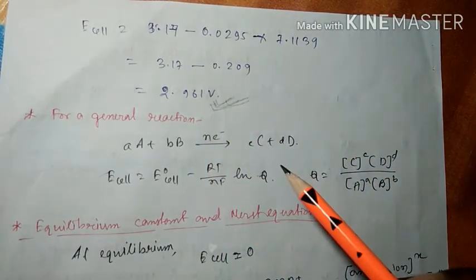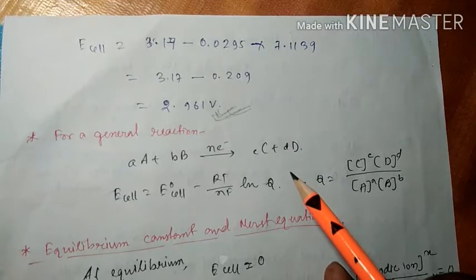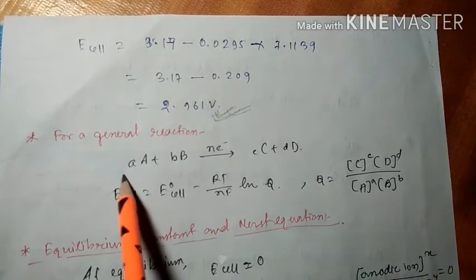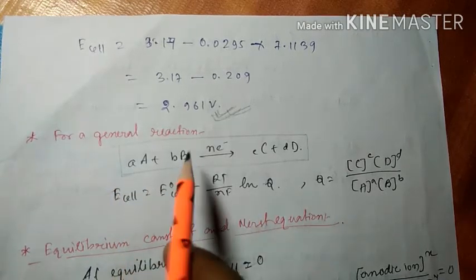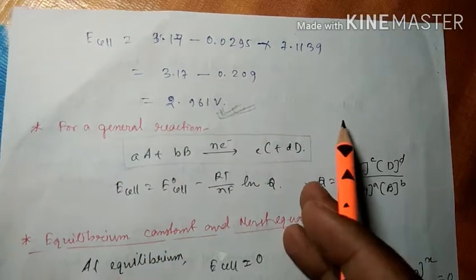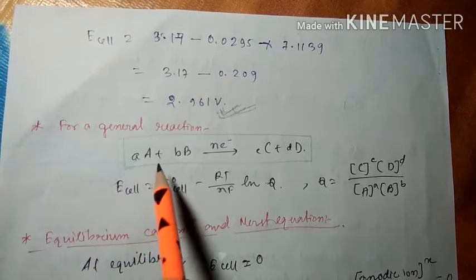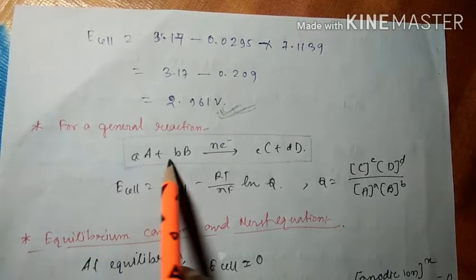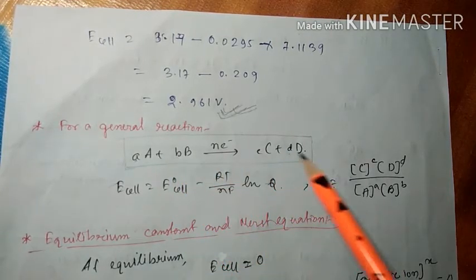Okay. Now see. Till now we have been discussing a particular reaction, such as the Daniell cell, galvanic cell, voltaic cell. Suppose there is a reaction that does not signify any particular cell. Suppose there is a redox reaction, obviously. Here small a, small b, small c, small d are the moles of A, B, C, D respectively.